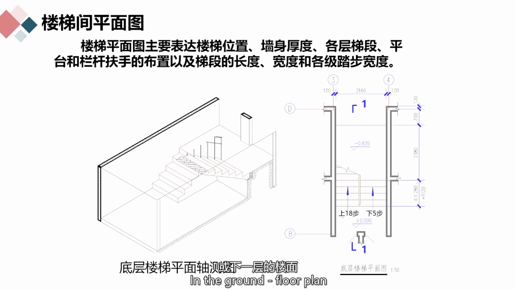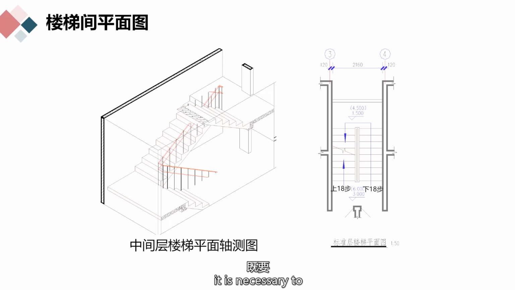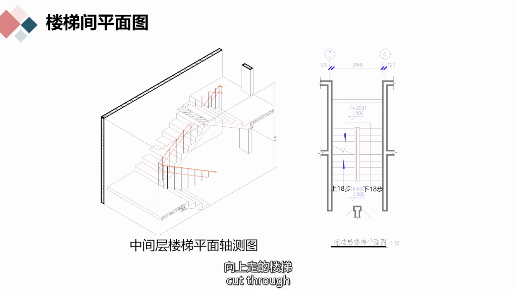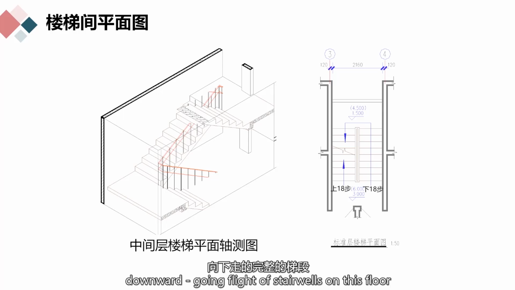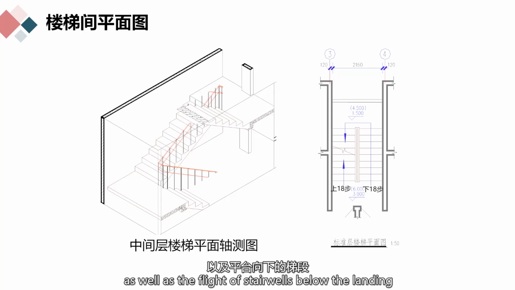In the ground floor plan, the cutting position and projection direction of the stairwell cutting plane view should also be noted. In the intermediate floor plan of the stairwell, it is necessary to draw both the upward-going flight of stairwells that is cut through and the complete downward-going flight of stairwells on this floor, the stairwell landing, as well as the flight of stairwells below the landing.